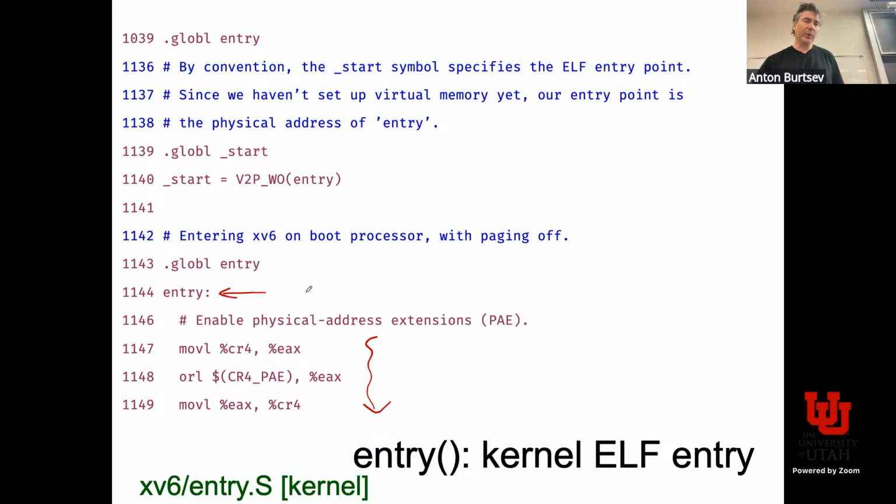When it executes this line, our instruction pointer has the value of 1 megabyte plus some very small delta, because we told the linker to link the kernel at 1 megabyte, but we don't control the compiler. There are some instructions which might be placed in front of this instruction. Roughly, this is the explanation for this delta.